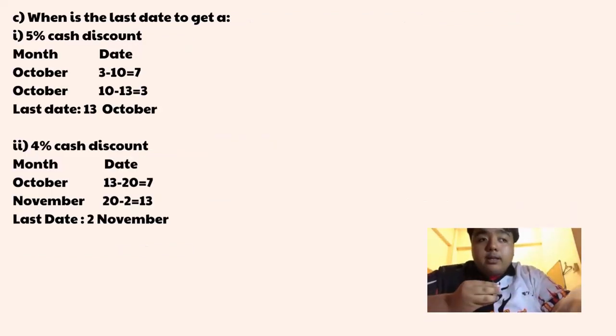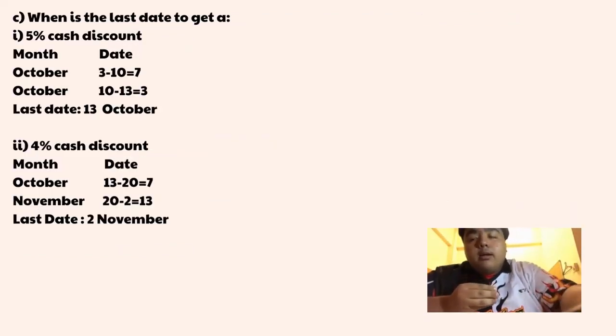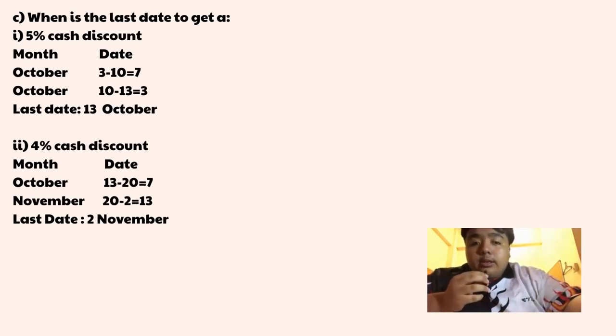Hello, my name is Muhammad Hakimi Mohamad bin Helmi from class AM1101C. Today I will present question 2 parts C and D. Question C. When is the last date to get a 5% cash discount and 4% cash discount? For the 5% cash discount, the last date is 13 October.